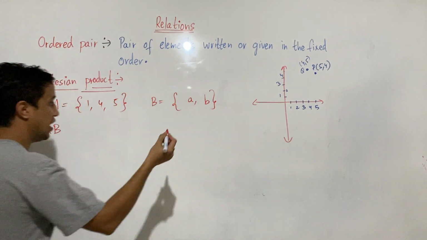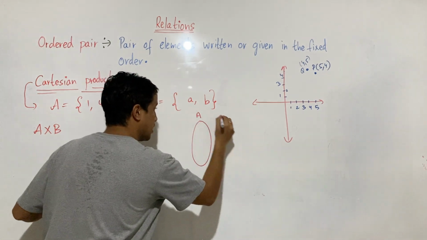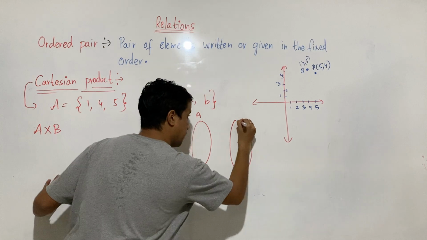What does it mean? Let's see here. Let's say this is my set A and this is my set B.